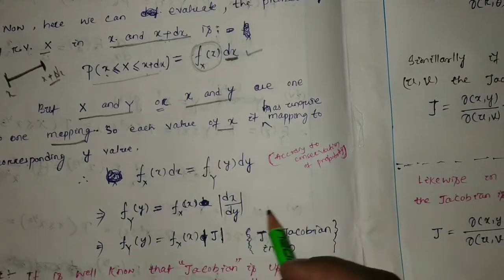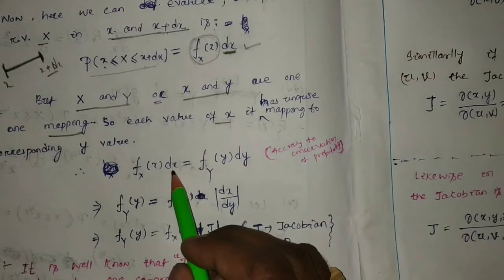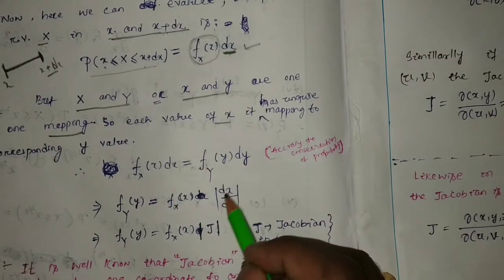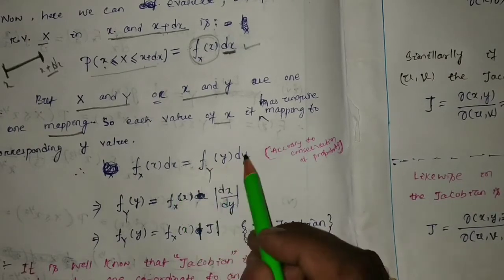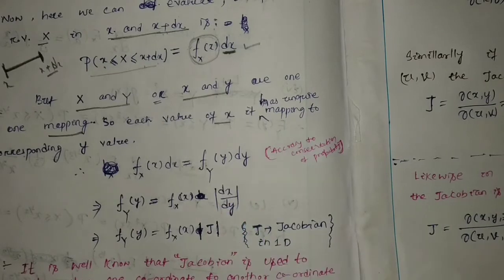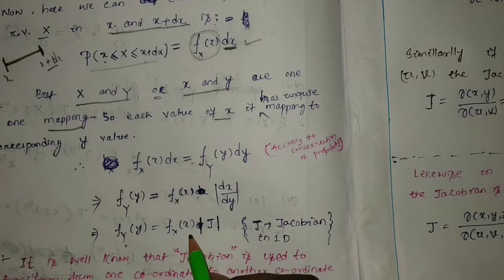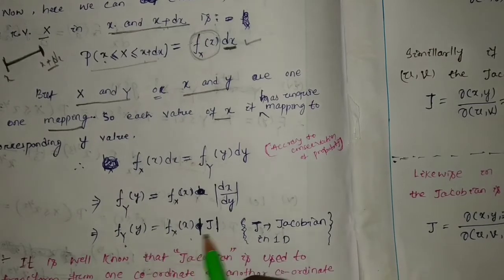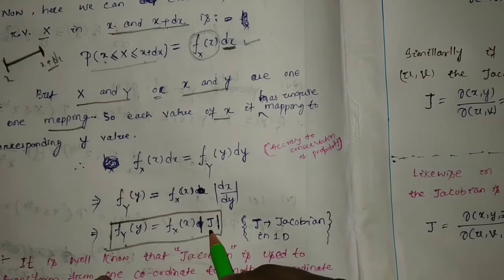In general we write mod of dx by dy, because sometimes this is monotonic increasing or decreasing. So instead of dx by dy, in general we write mod of dx by dy. Here the PDF of y is f x times mod of J, that is nothing but the Jacobian.